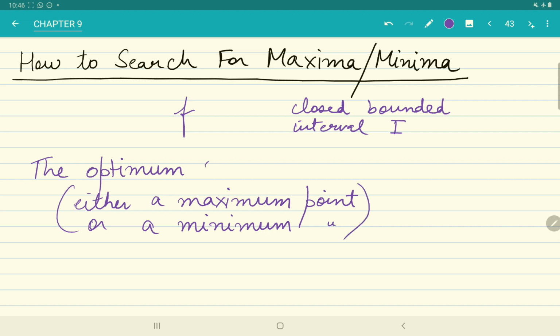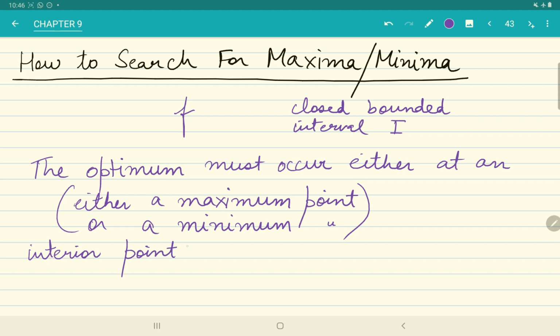So the optimum must occur either at an interior point of I or at one of the endpoints.